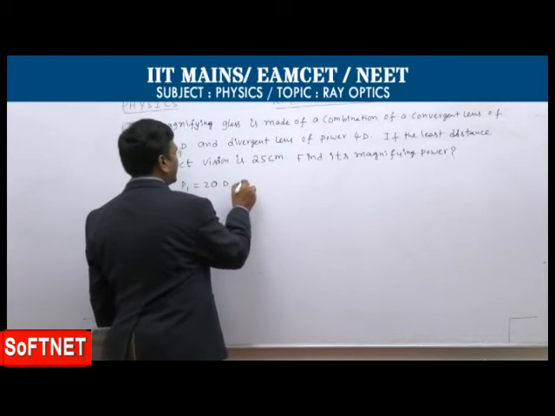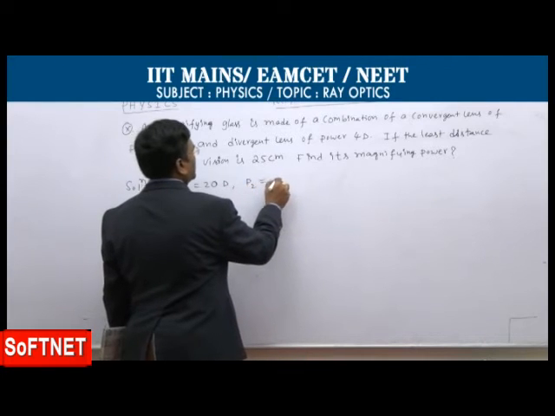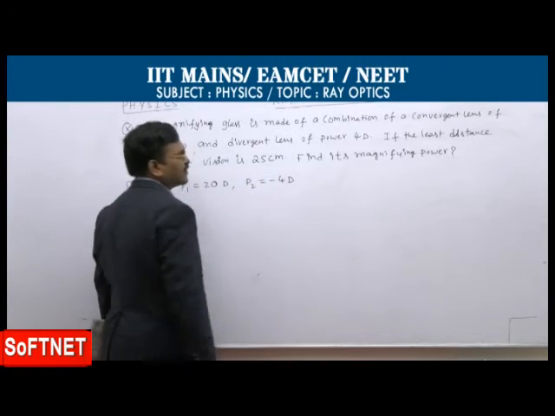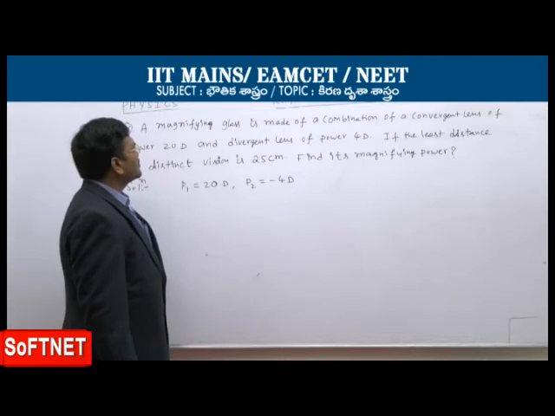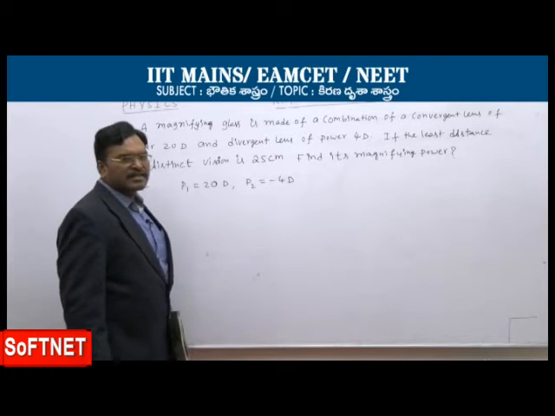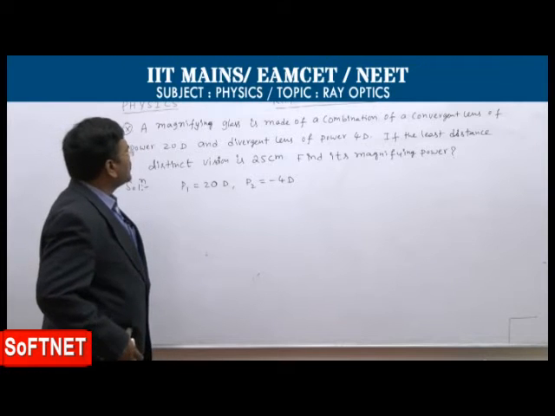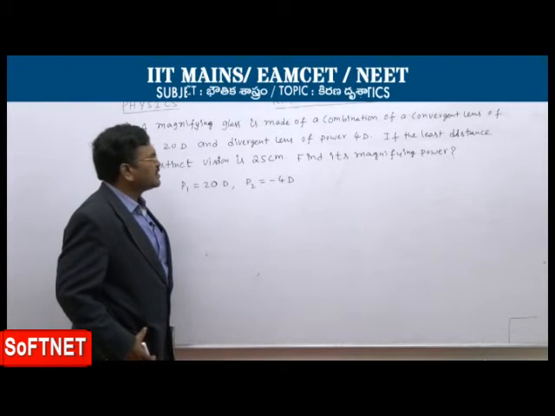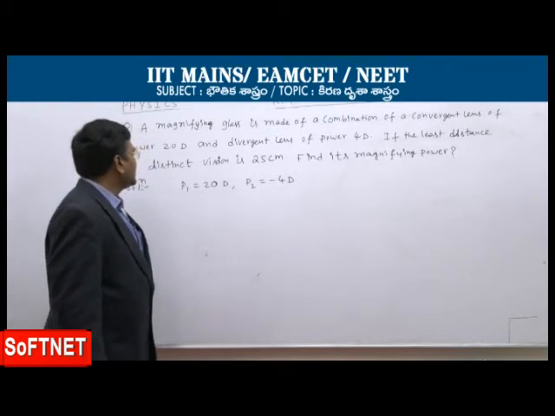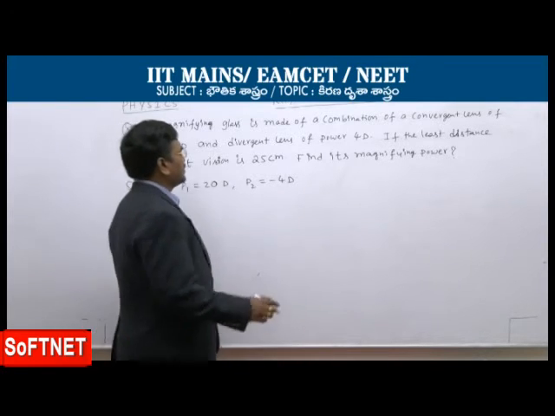Divergent lens negative, P2 is equal to minus 4 diopters. Here, magnifying glass means simple microscope. It is made of a combination of two lenses, one convergent, one divergent, and the least distance of distant vision is 25 centimeter.